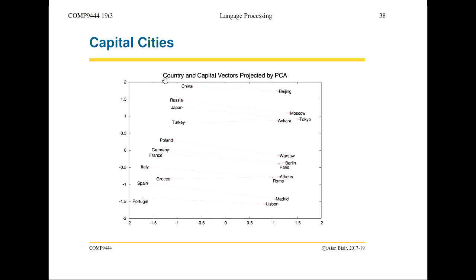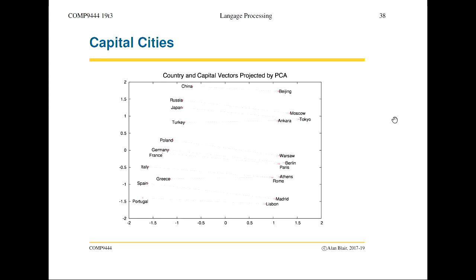So capital cities, well, in order to get these diagrams, people have trained Word2Vec. They've got a 200-dimensional or a 100-dimensional representation for every word, but then they select out particular words and do what's called a principal component analysis.